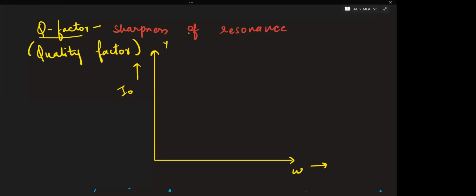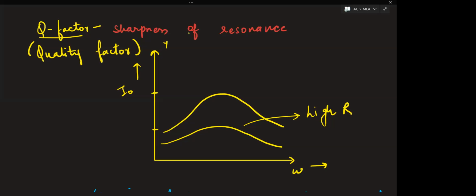Now see, if I drop a graph like this, this is having a very lesser value of current. So if the current is very less, it means here the resistance will be high. So this makes it high resistance. Let's increase the current.